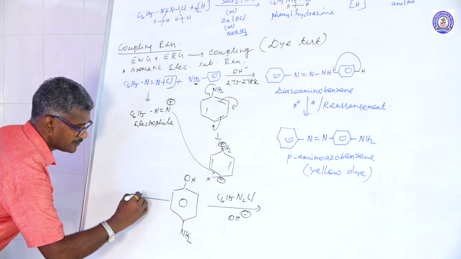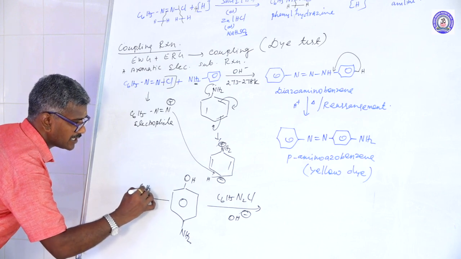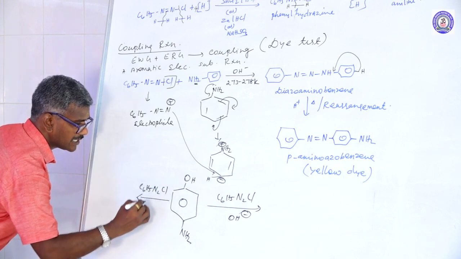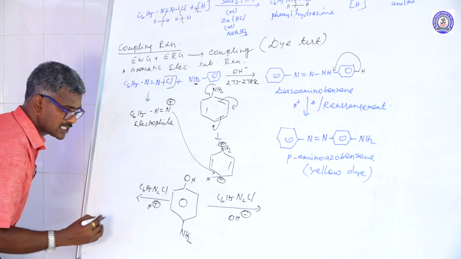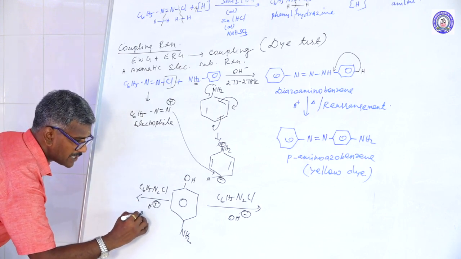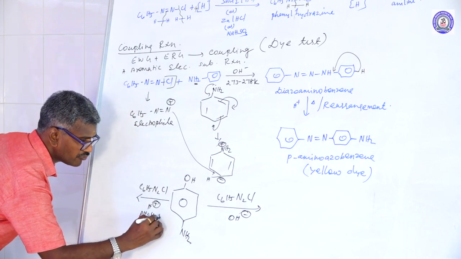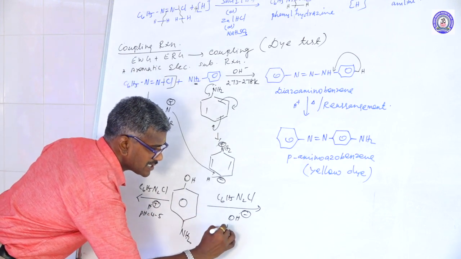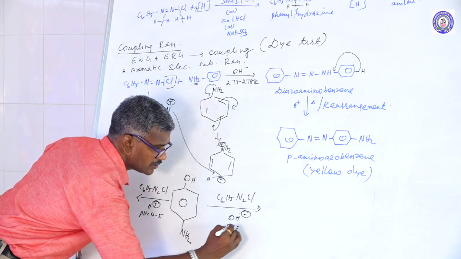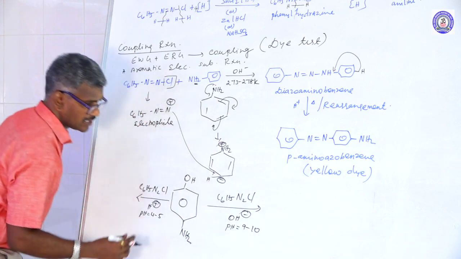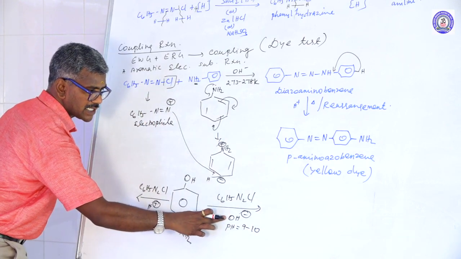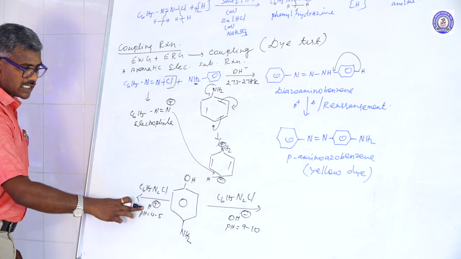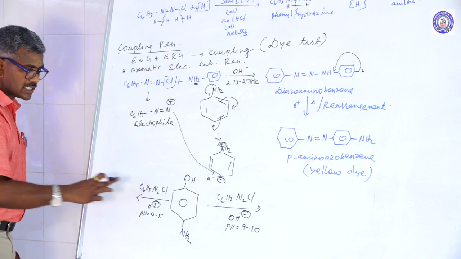From another side, C6H5 N2Cl in the presence of H plus. H plus means acid medium, pH 4 to 5. OH means basic medium, pH equal to 9 to 10. This reaction takes place in the presence of basic medium. This reaction takes place in the presence of acidic medium.